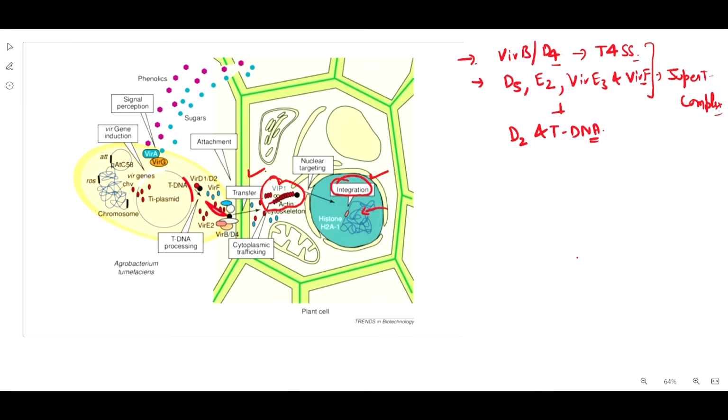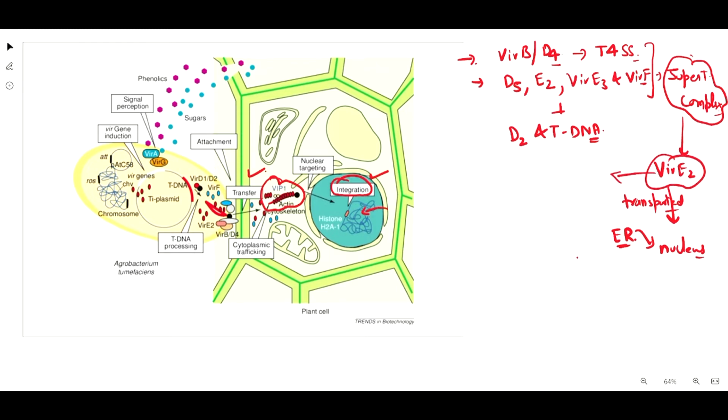First of all, this whole super T complex is trafficked, or transported, by the protein VirE2 through the endoplasmic reticulum towards the nucleus. Why VirE2?